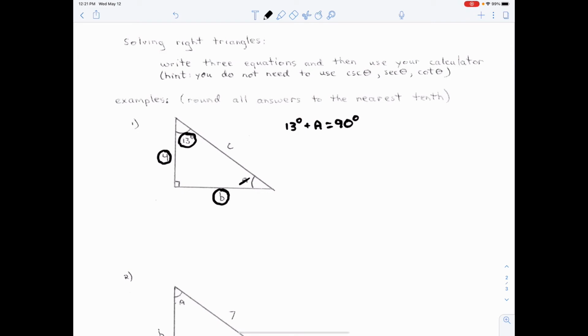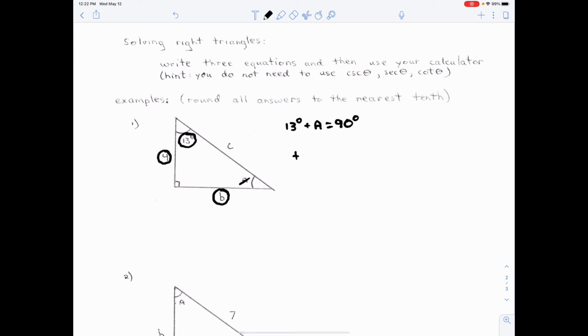So notice what I'm going to be using is the given angle, the given side, and side B. Well, relative to the given angle, B is opposite, 4, the other side, is adjacent. So since it's opposite over adjacent, I'm going to use tangent.